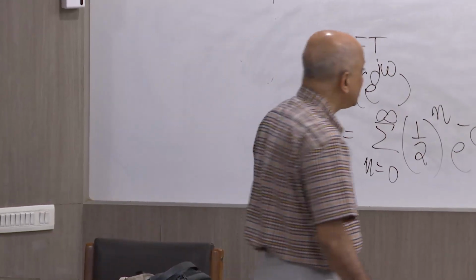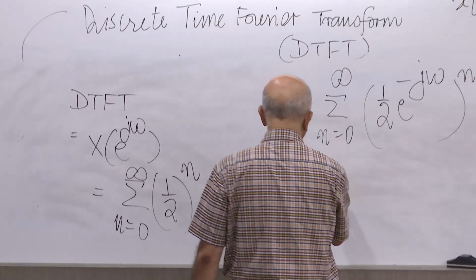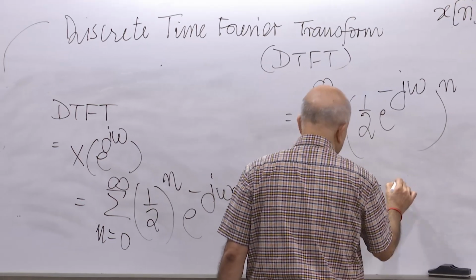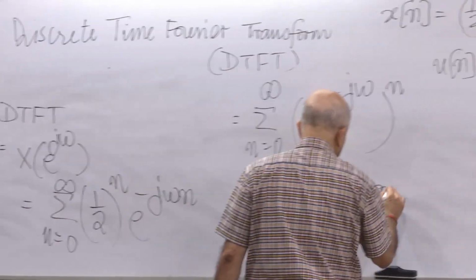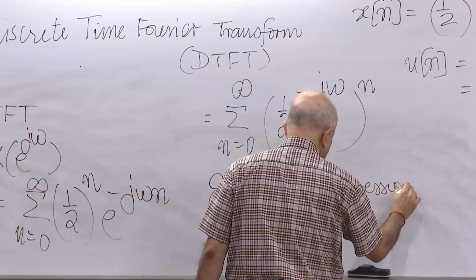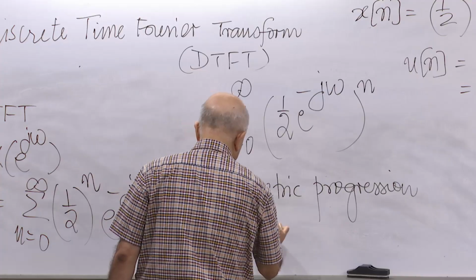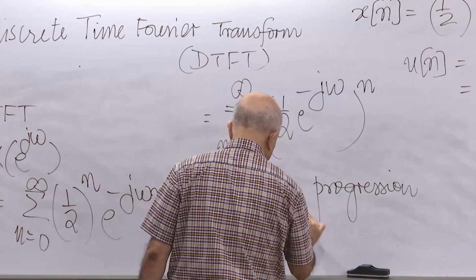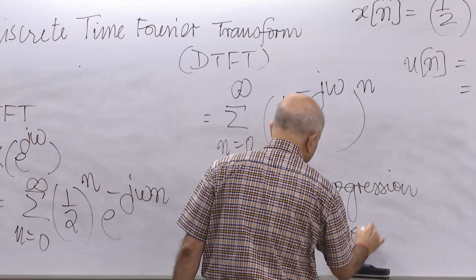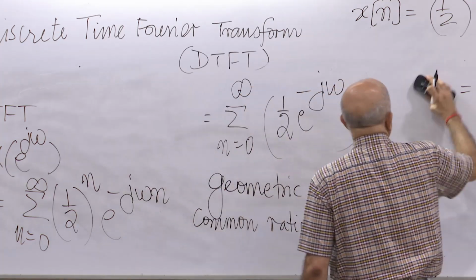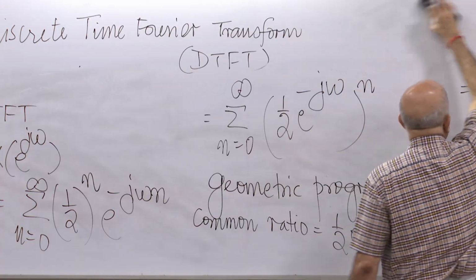Let's look at the magnitude of the common ratio. The common ratio is half e raised to the power minus j omega. Magnitude of the common ratio is obviously half.